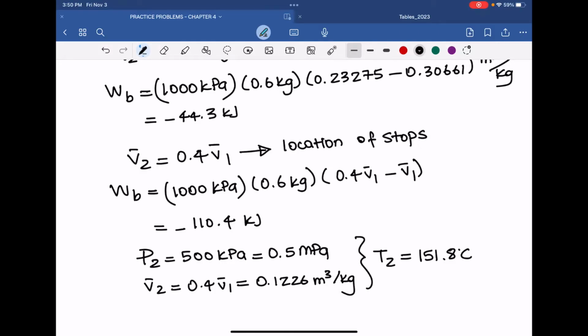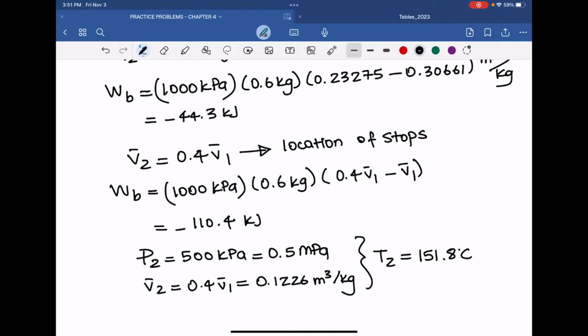Now, there is no more compression work when the pressure is 500 kilopascal, because it has to be resting on the stops, and the piston cannot move anymore, because the pressure is much lower than 1000 kilopascal, and that means it is already all the way down to the stops and resting there.